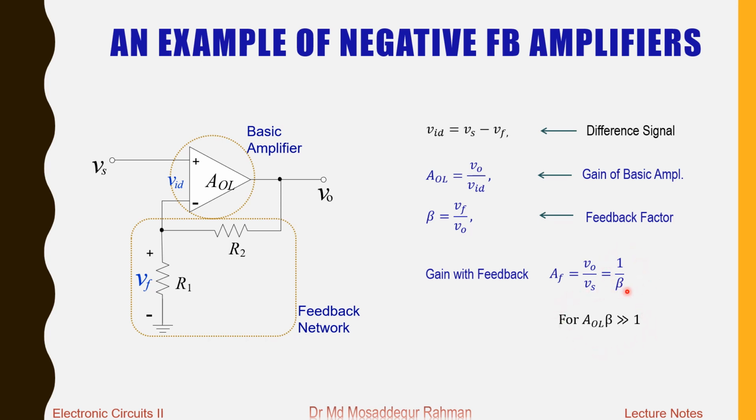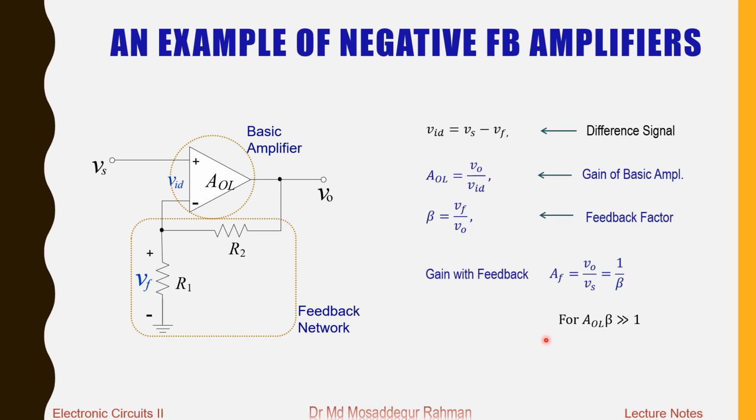Now, we need to verify if this condition is true or not. If this is an ideal op-amp, obviously this will always be true, because the ideal op-amp open loop gain is infinite. But what about a practical op-amp? As we know, practical op-amps also have very high open loop gain, 10 to the power 5, 10 to the power 6.